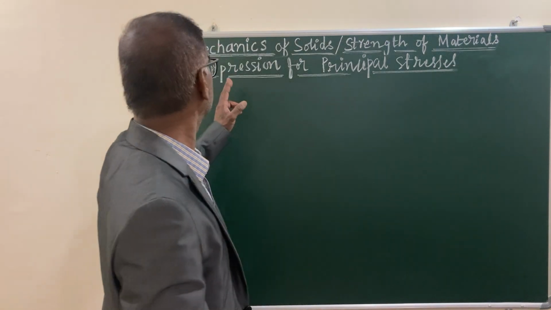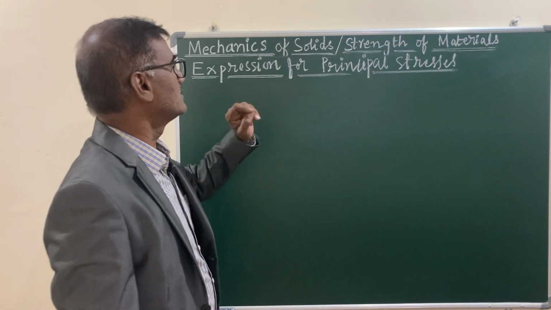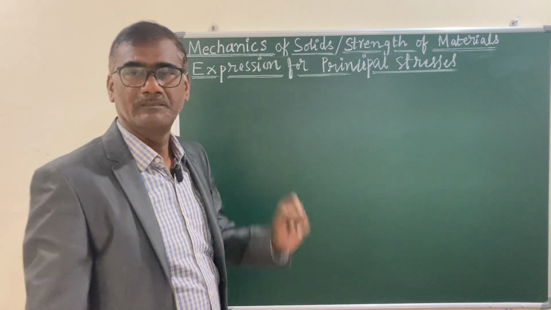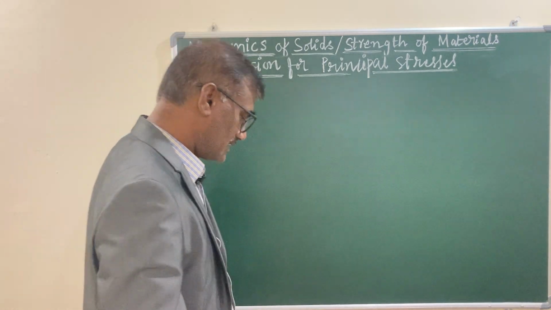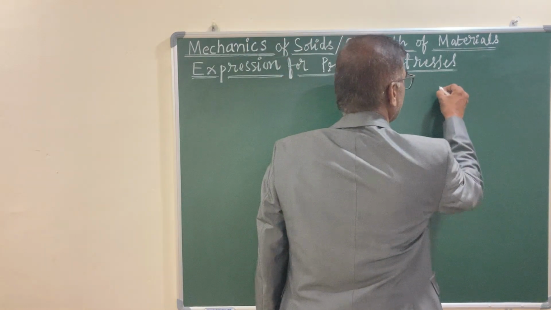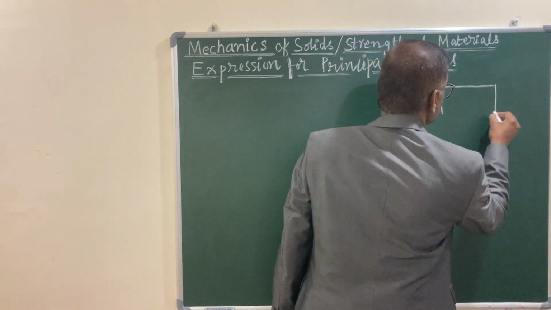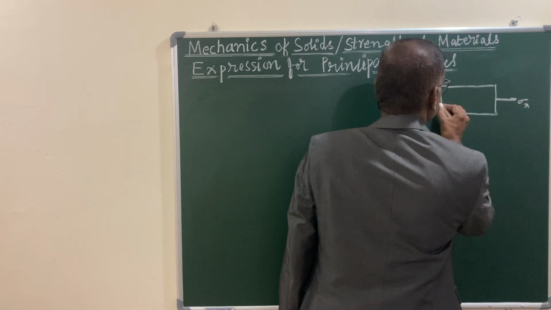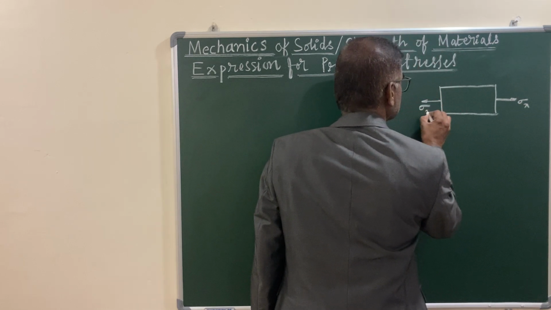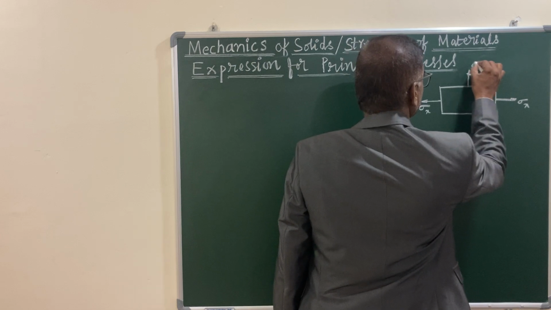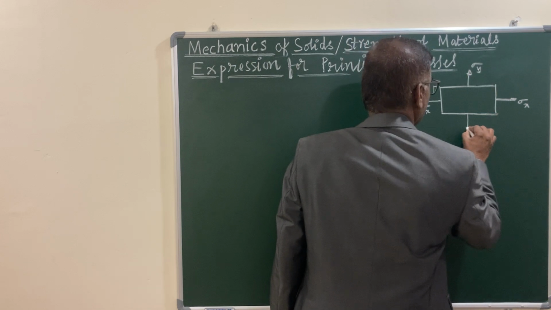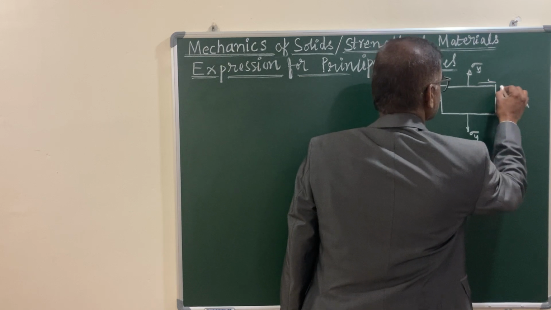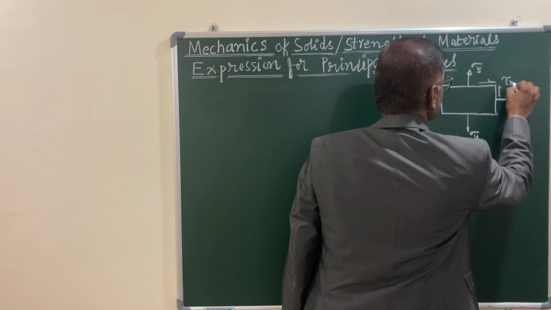In today's lecture, you will be understanding the concept of principal stresses and you are going to derive an expression for principal stress. For that purpose, let us consider a rectangular element subjected to biaxial stresses, stress along the x direction, that is sigma x, and along the y direction, that is sigma y, and you have shear stress also, that is the tau xy.